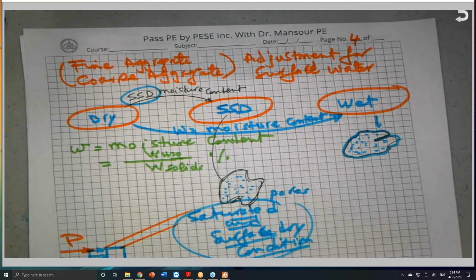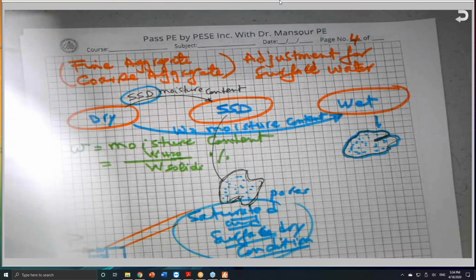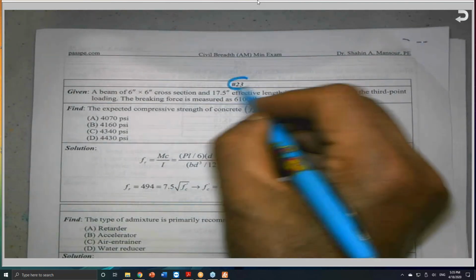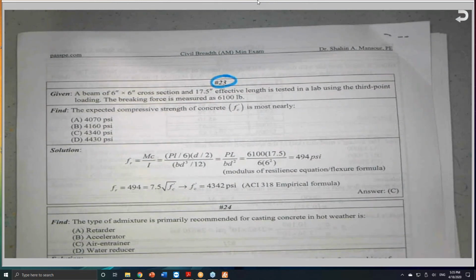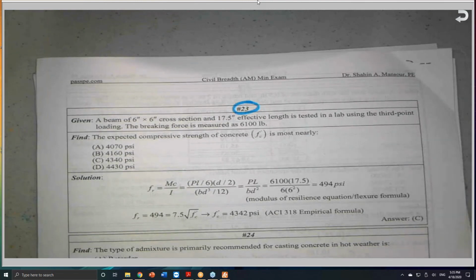But let me go over, before I leave the concrete, a couple of problems I included here. Problem number 23, if you have it in front of you.